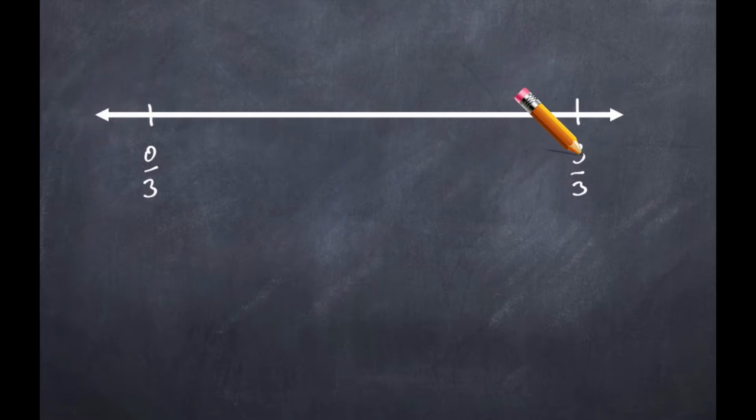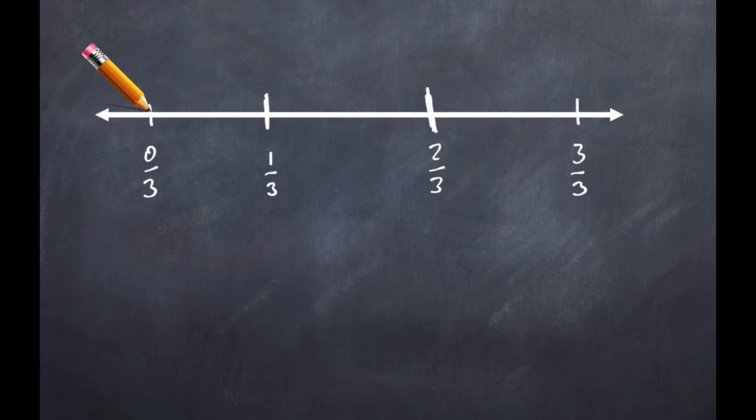So let's do 1/3, 2/3, 3/3. It looks pretty even there. So this would be 1/3 here, 2/3 here, 3/3 would be the same as 1 whole.